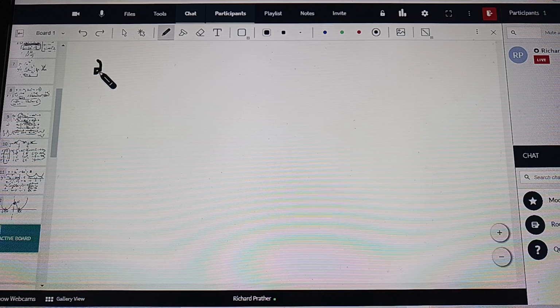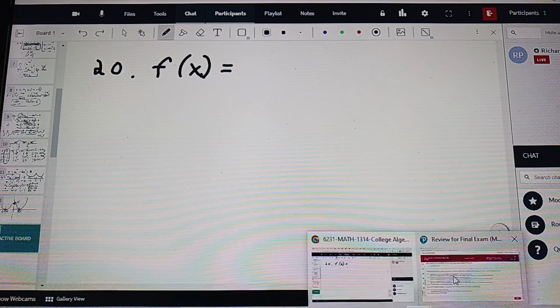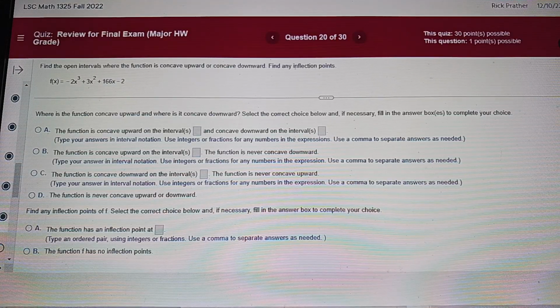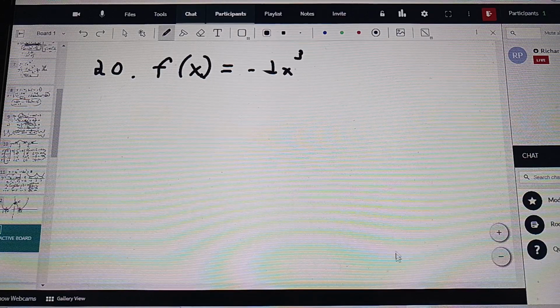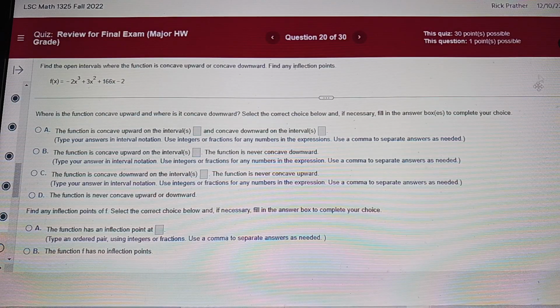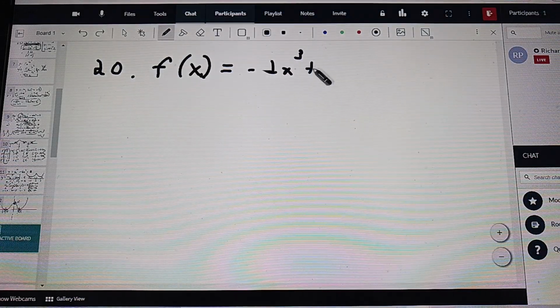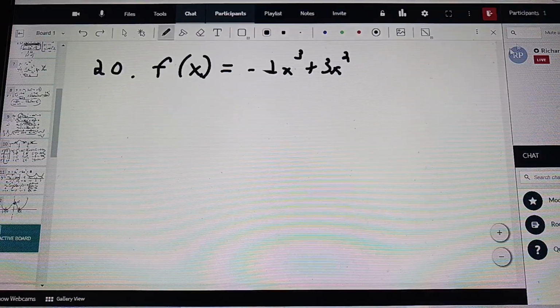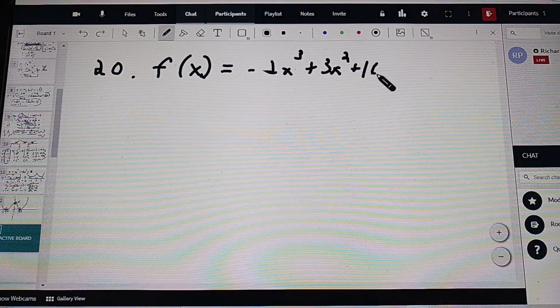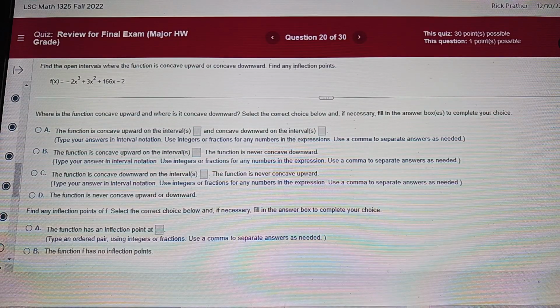Okay, so number 20, the original function is a cubic function. It's negative 2x to the third plus 3x squared plus 166x minus 2.